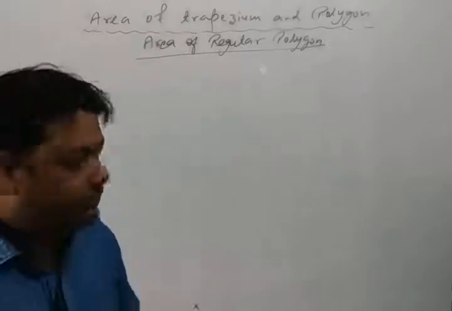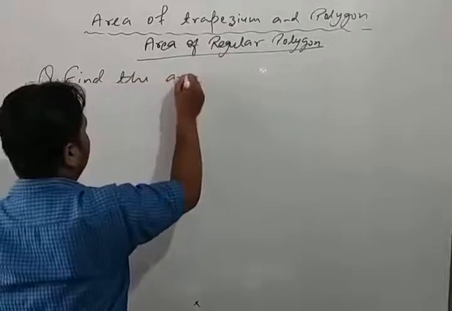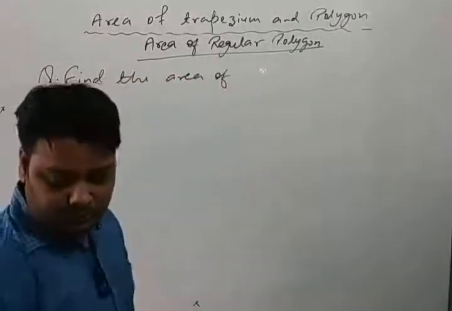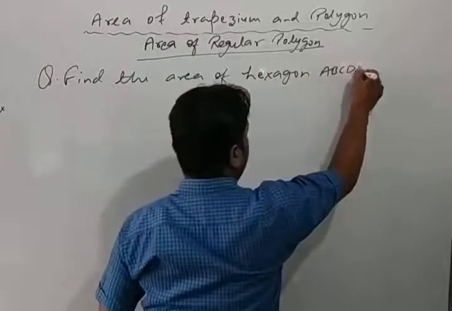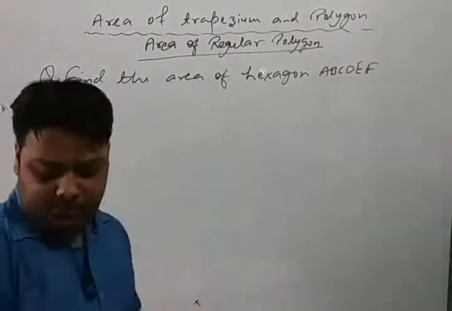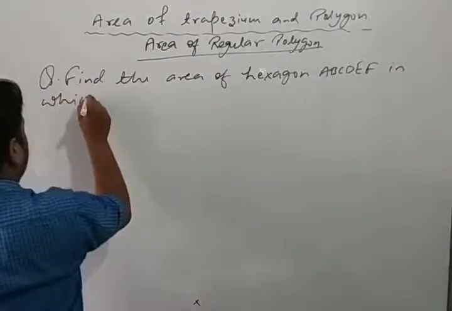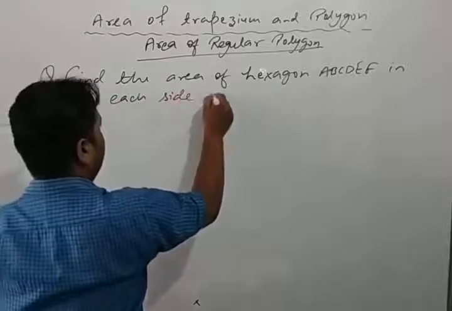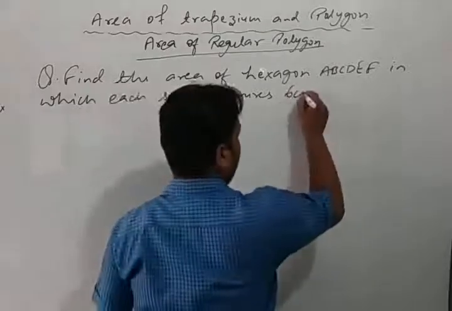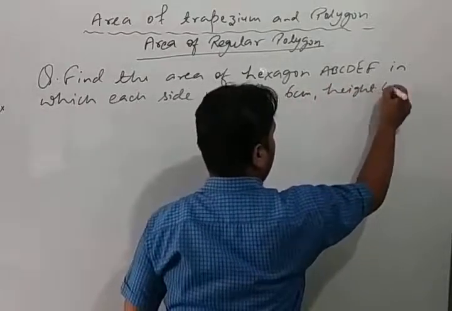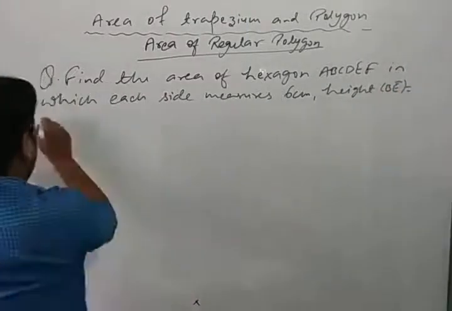Now I am writing one question on the board. If the question is given, find the area of hexagon ABCDEF, in which each side measures 6 cm and height BE is equal to 12 cm.